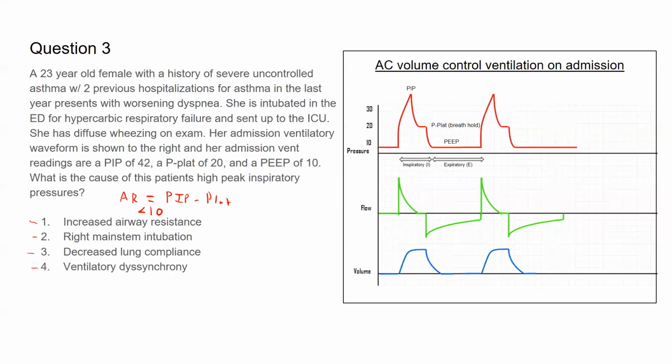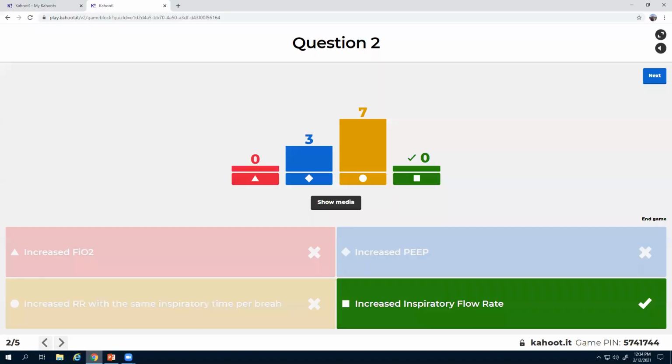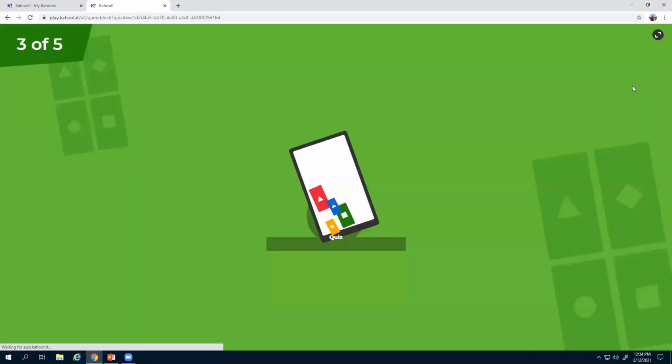So we'll get back to Kahoot. All right, Cash still doing well.